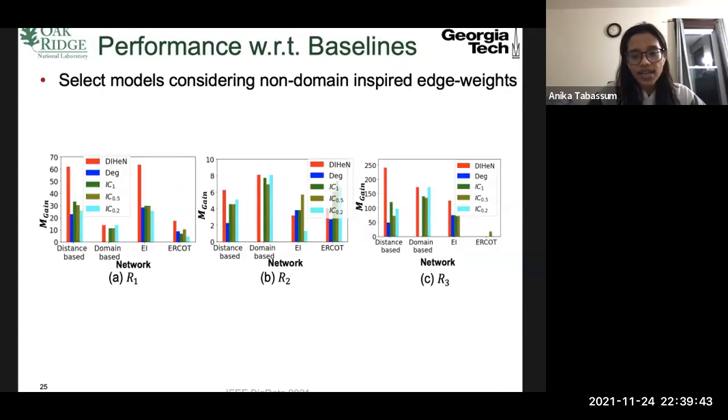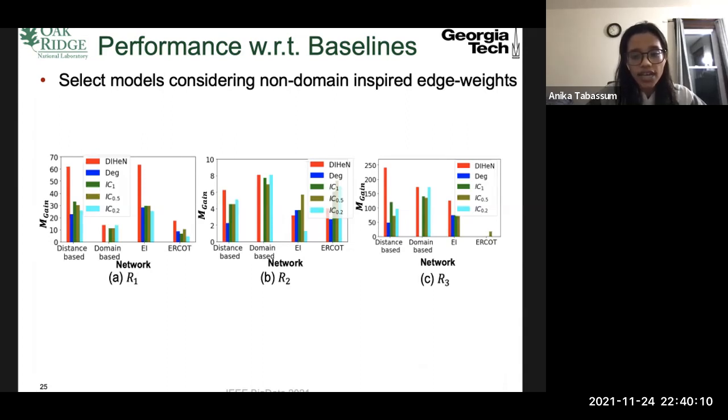For baselines, we select non-domain-inspired edge weights, and our intention is to check how careful edge weight leverage performs against a non-domain-inspired model. These three figures are the baselines using uniform edge weights. By uniform edge weights, I mean keeping all the edge weights at the same value, but using the same DIAMOND framework for selecting the critical nodes.